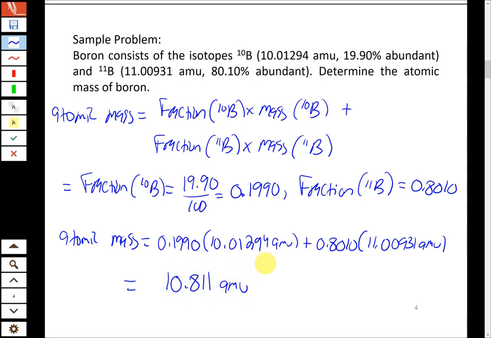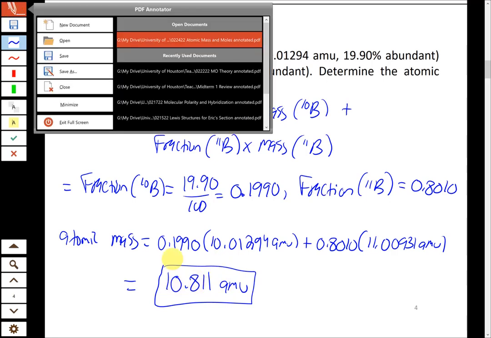So this would be how we would report the atomic mass of boron, which is a weighted average of, in this case, the 2 isotope masses that we have. And this is the number that's on the periodic table. We haven't used that number, the other number on the periodic table, yet, but that's what we're showing. So for boron it's 10.81.